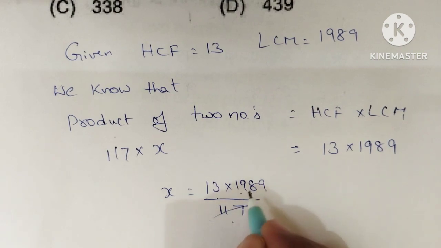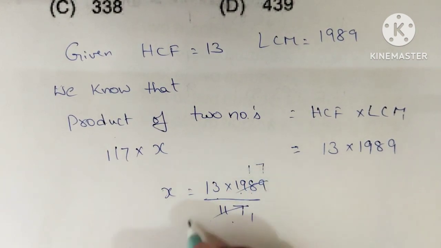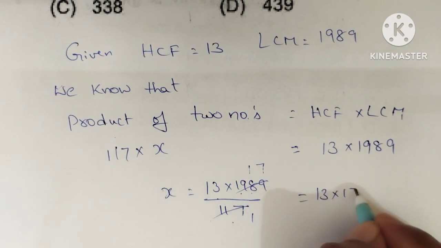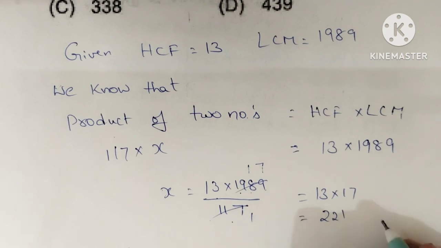In 117 ones are 117, 117 sevens are. Now 13 into 17, which is 221.